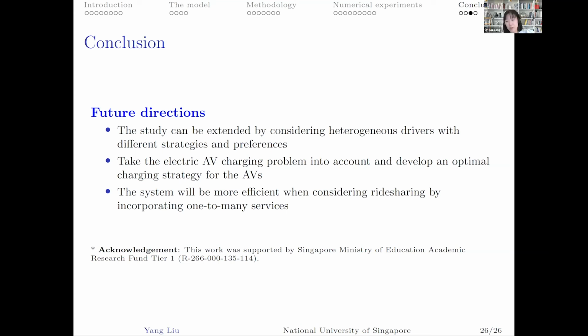Sorry, I'm not sure I get your question. You're talking about the commission fee, right? Maybe it's related to the commission fee, but maybe there are policy measures that can be taken by local government, like if they don't want empty vehicles to cruise the streets. They can put some fees, so maybe that can accelerate the learning process.